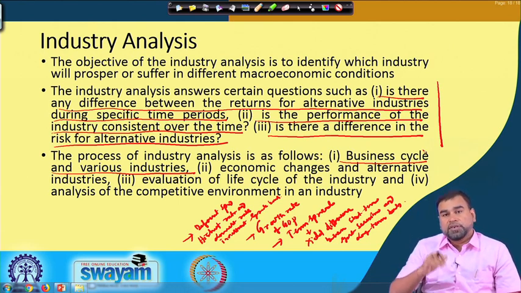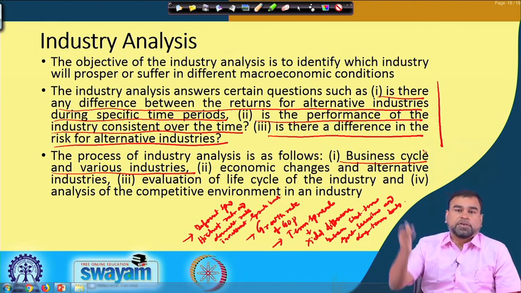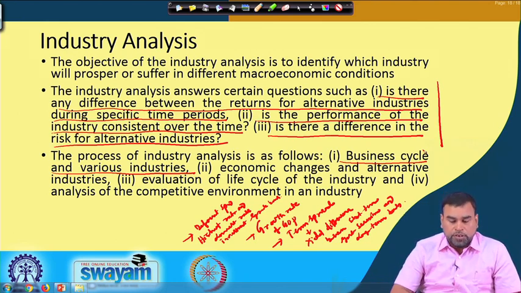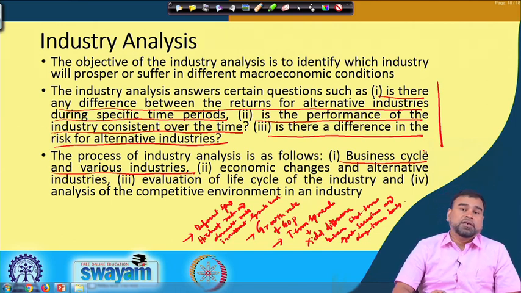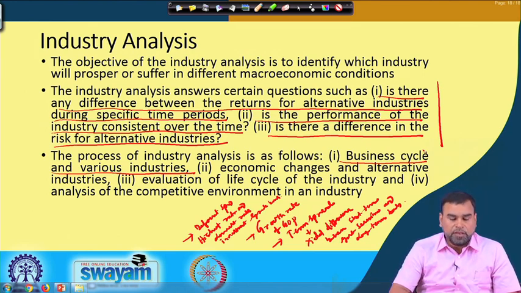So, obviously, production gets affected, and then the prospect of that industry will go down and it will suffer certain kinds of losses. So, for any economic parameter, we have to check how that industry gets affected due to changes in macroeconomic fundamentals.